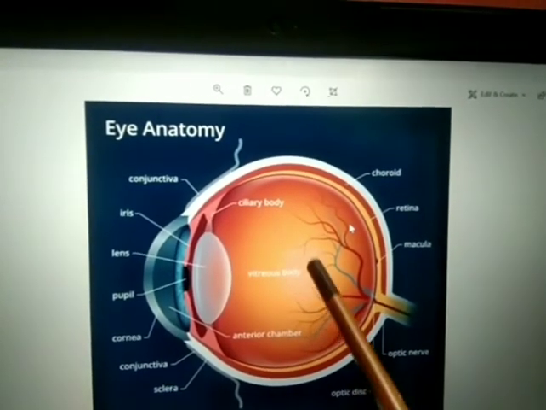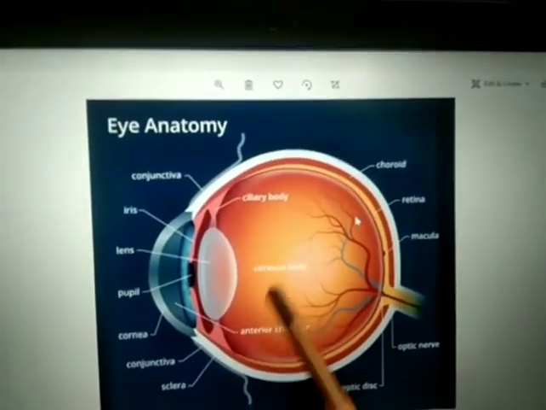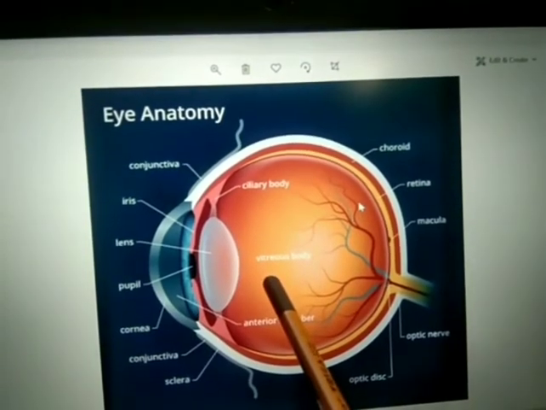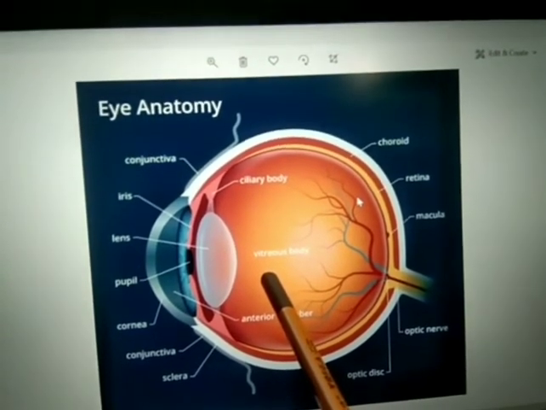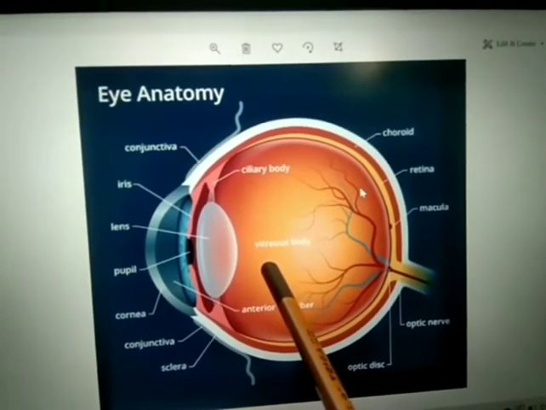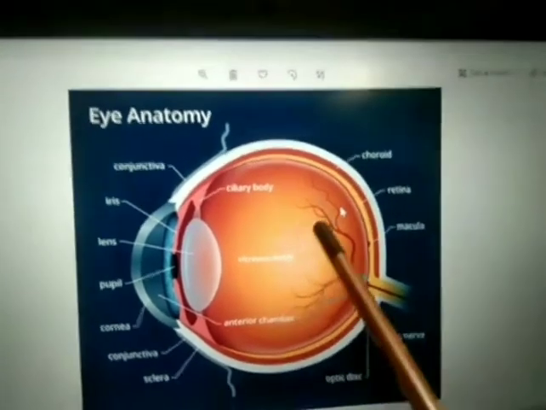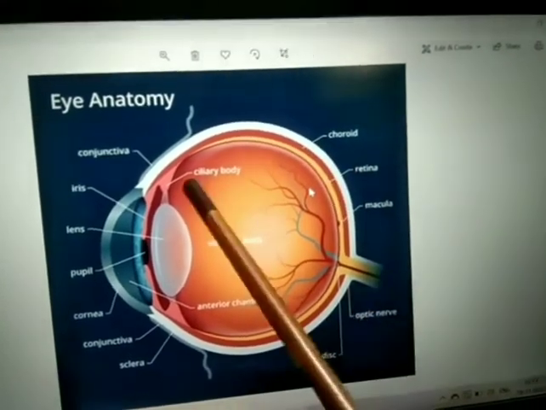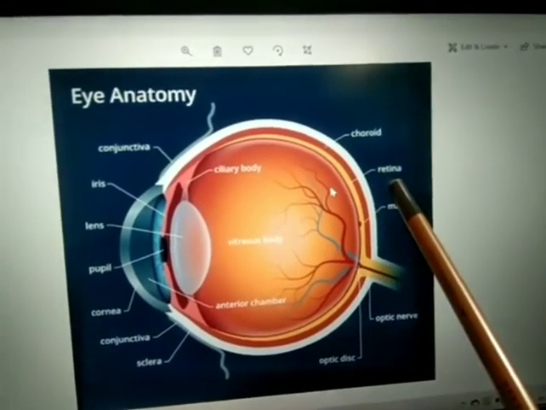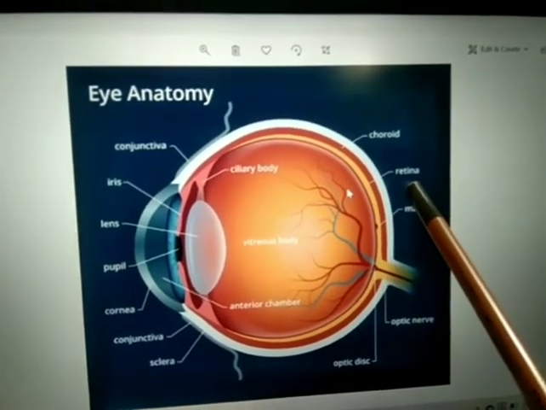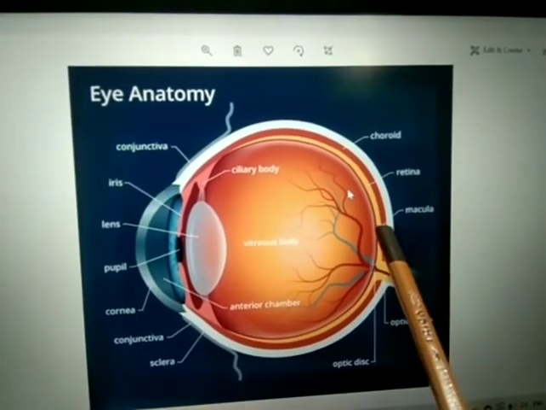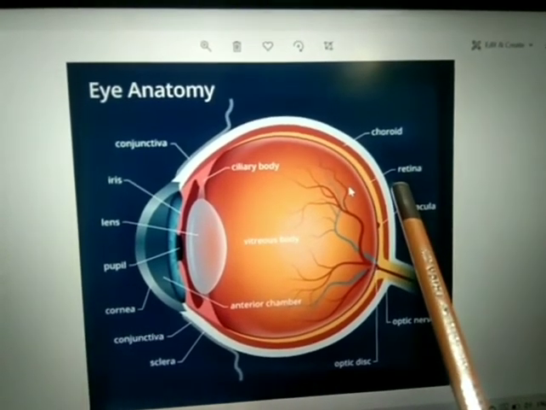This circular portion is filled with a jelly-like substance called vitreous humor, and this is controlling the shape of the eye. Then we have this retina, which has light sensitive cells, and it is helping in the formation of the image.